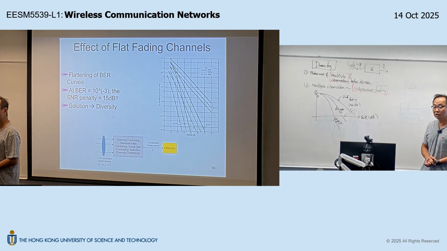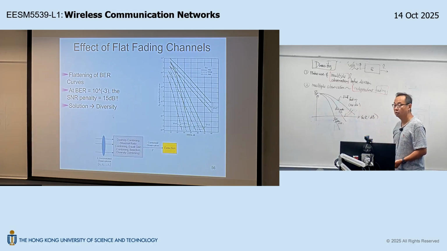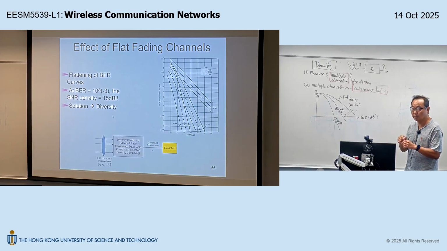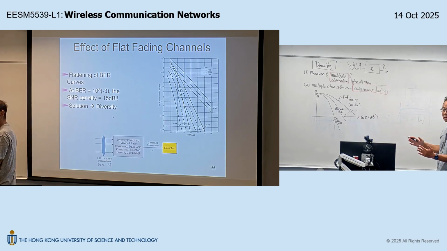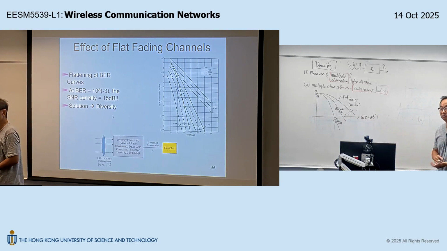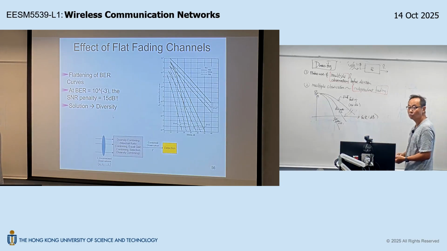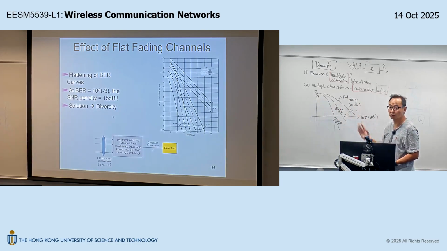Is that okay? So in other words, the slope of the error probability curve will be increased by the diversity order. And therefore, remember, the first order penalty is the difference in the slope, right? Additive white Gaussian noise has a vertical slope, but this flat fading curve has a flat slope. So if you can increase the slope of this error probability curve, at least you reduce the differences in the slope. So this is the first order benefit. It is better than a horizontal shift, where a horizontal shift without increasing the slope is called a second order solution.